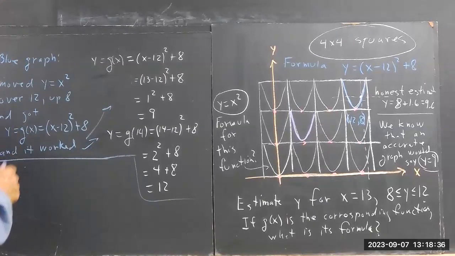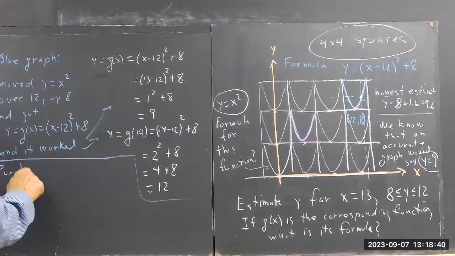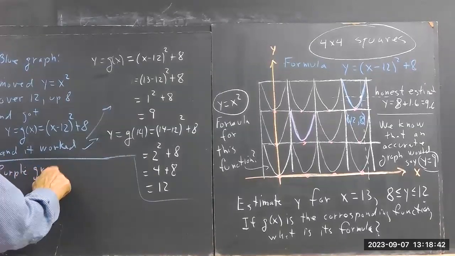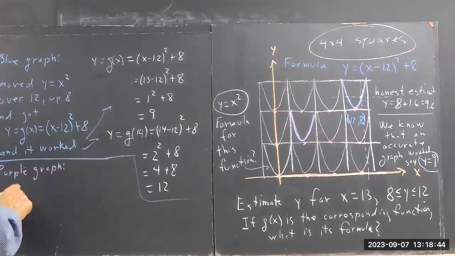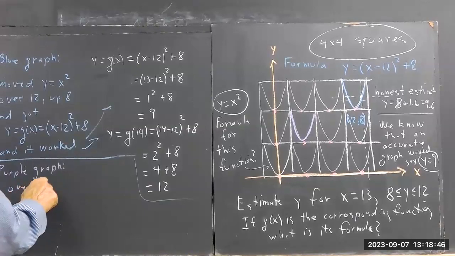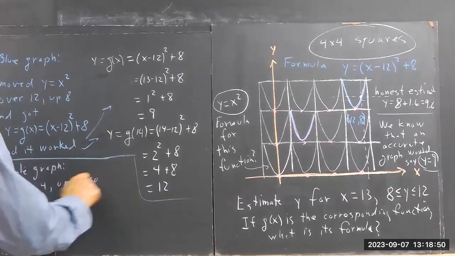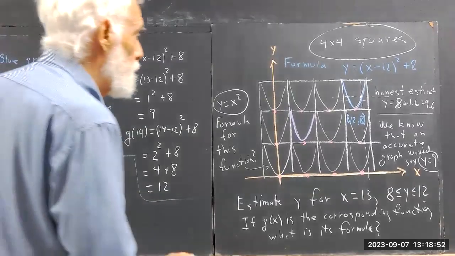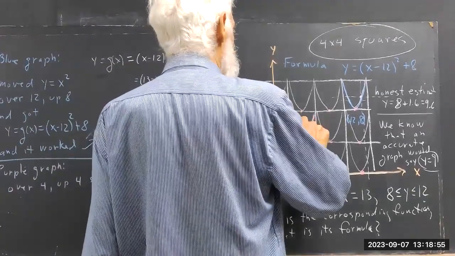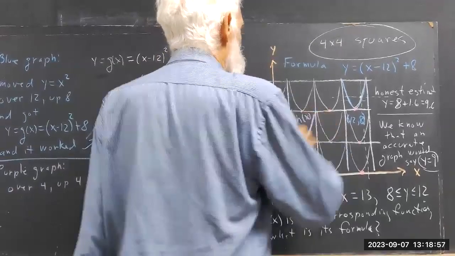Okay, well, purple graph. Move over 4, up 4. So let's call this graph h of x.